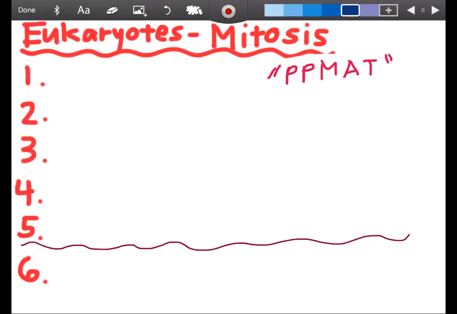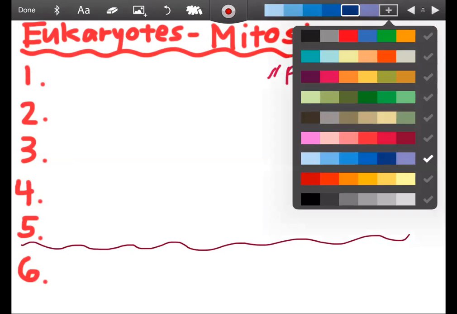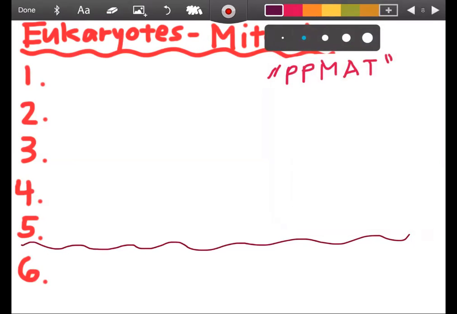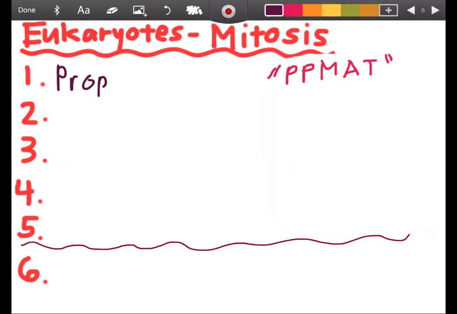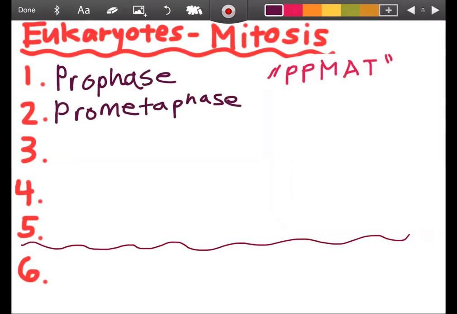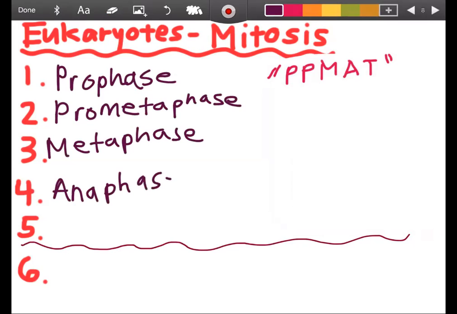These steps include prophase, prometaphase, metaphase, anaphase, telophase, and finally, cytokinesis.